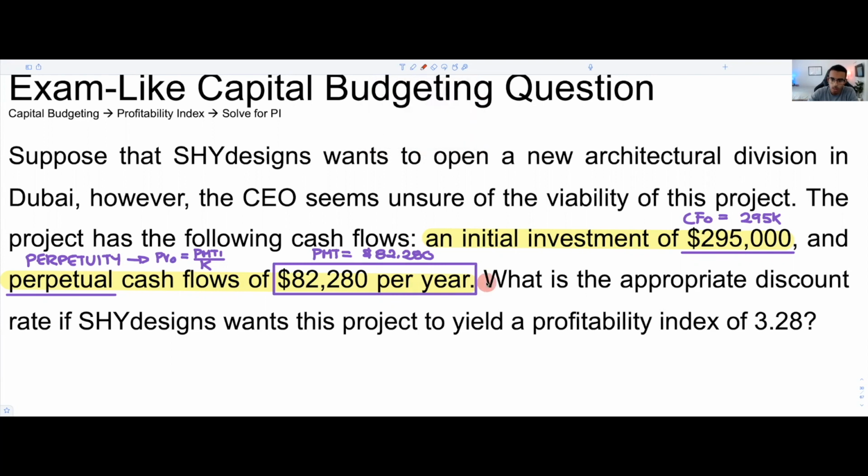They want to know, what is the appropriate discount rate if Shai Designs wants this project to yield a profitability index of 3.28? We could highlight this in yellow again because our profitability index is a key variable that we need here. We're going to solve for the K that's going to yield us a PI of 3.28. So that's what we want.